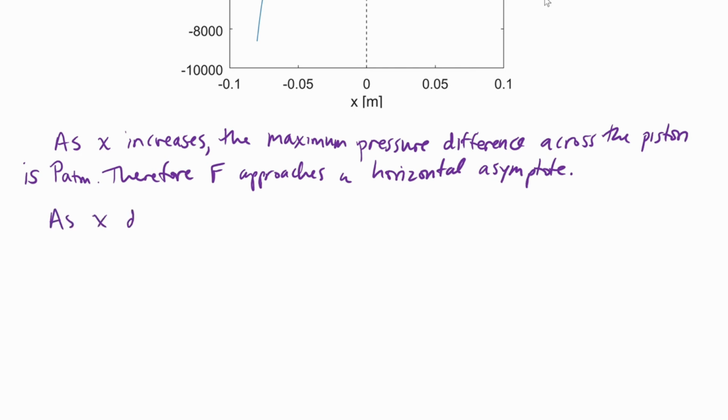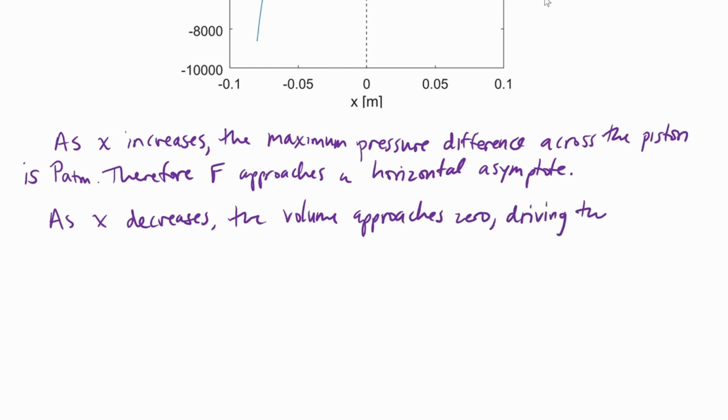The vertical asymptote is due to the fact that as x decreases, the volume inside the cylinder is approaching 0. Now we have a finite amount of gas that's enclosed in that volume, so when we try to collapse it to 0 volume, the pressure tends to go towards infinity.